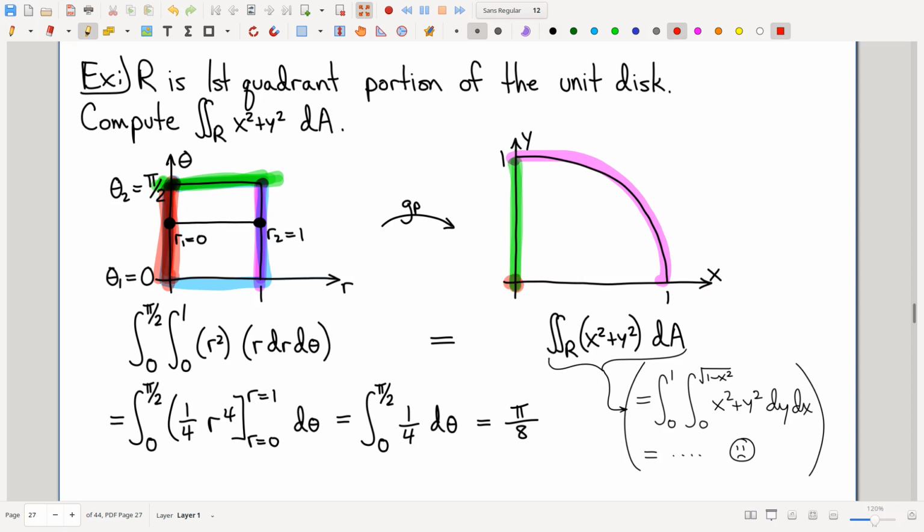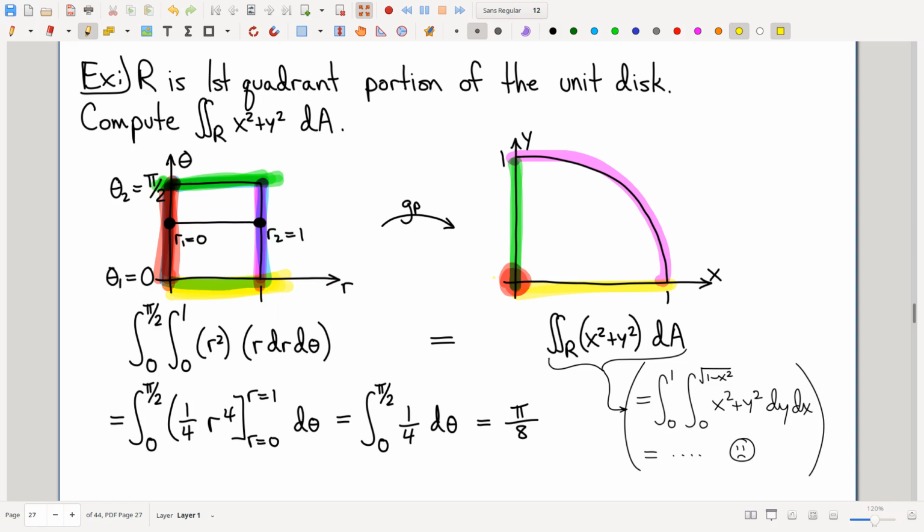That whole edge gets pinched down to just the origin. And then we'll use yellow here. That edge goes to that edge. So, sure enough, the image of this rectangle is our quarter disk. And we can play pullback games, and it's all downhill from here.